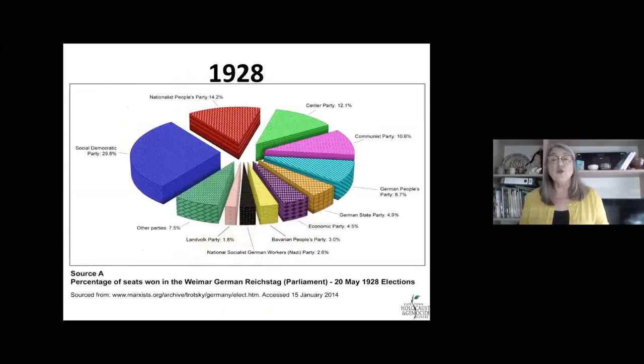So when you look at the percentage of seats in Parliament in 1928, you will notice that the Democratic Party has the most. The Communist Party is over here, with some of it, the Centre Party, which is also pro-democracy.